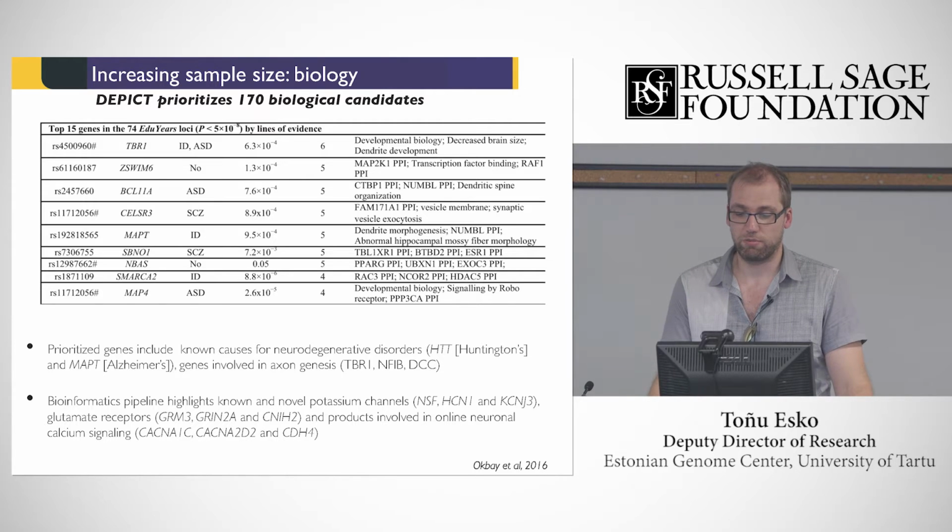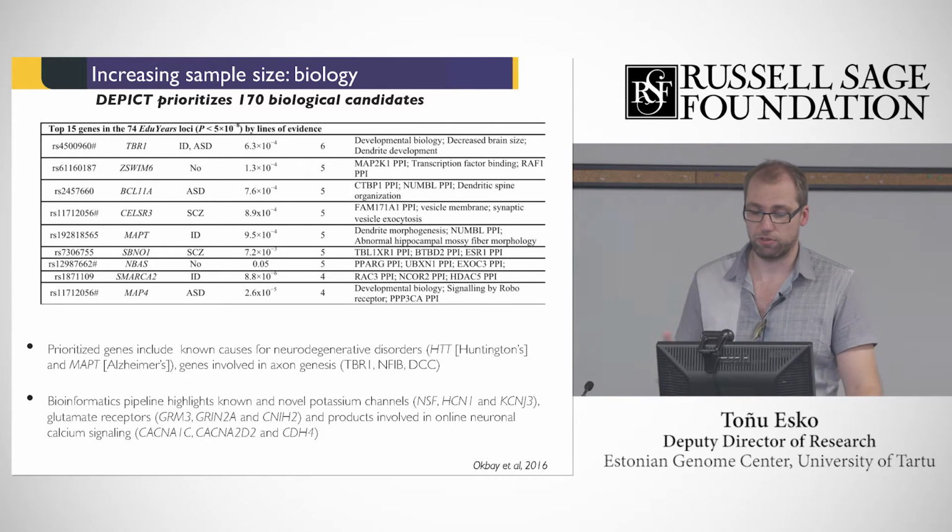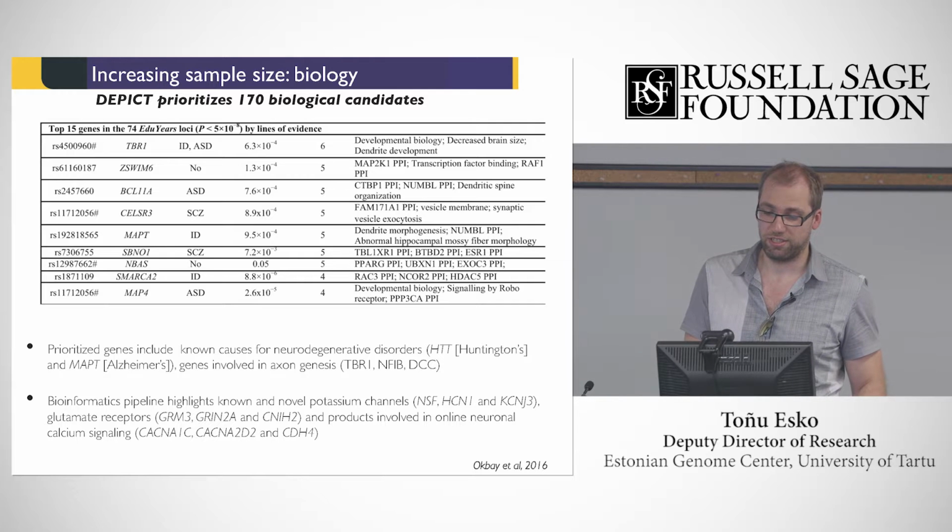Quite surprisingly, genes that are linked to Huntington's disease or Alzheimer's also pop out in the loci that we have identified for educational attainment. And there are other insights from biological processes that are biologically logical, as I like to say.